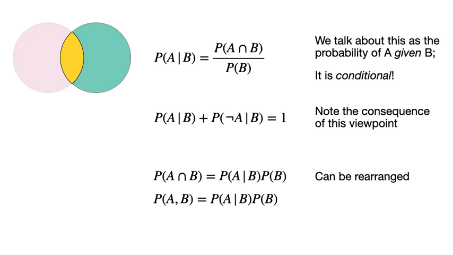Okay, so we end up with the case that probability of A and B is equal to probability of A given B times the probability of B. It's just a little bit of algebra manipulation. And again, just to remind you, there's two ways to write A and B. These are equivalent statements because those are just notation.